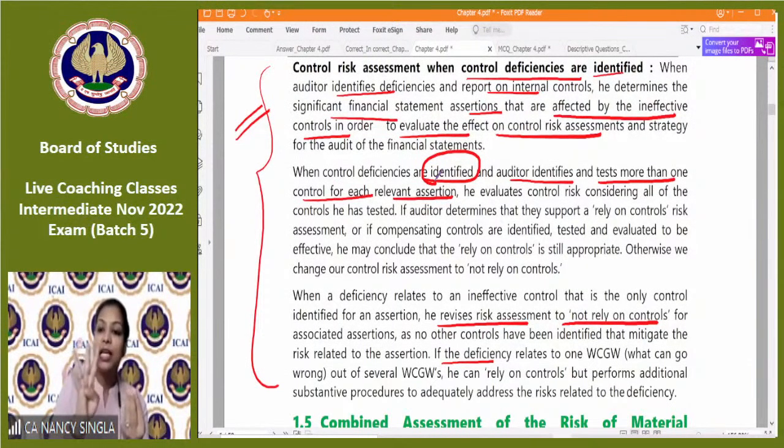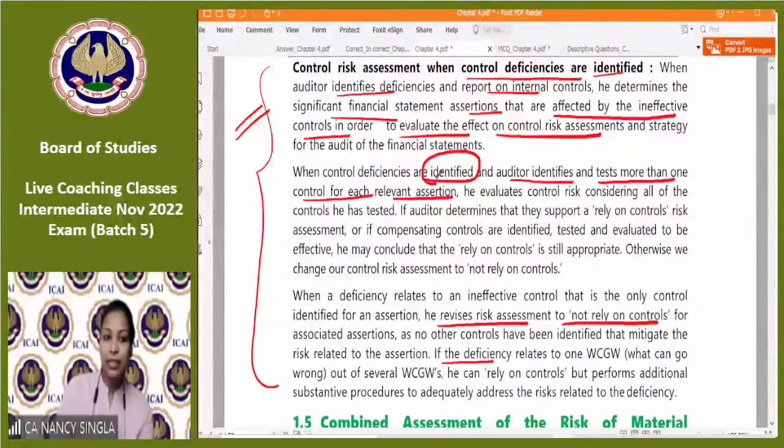However, let's say there are 4 controls on one particular assertion: manual control, IT control, physical control. One of the controls is not working properly. It has some deficiency. However, if the other controls are working effectively, the auditor may rely on it. If the other controls are not working properly, the auditor may not rely on the control.